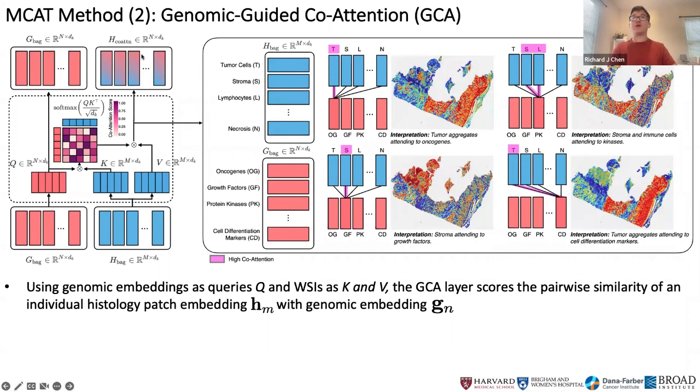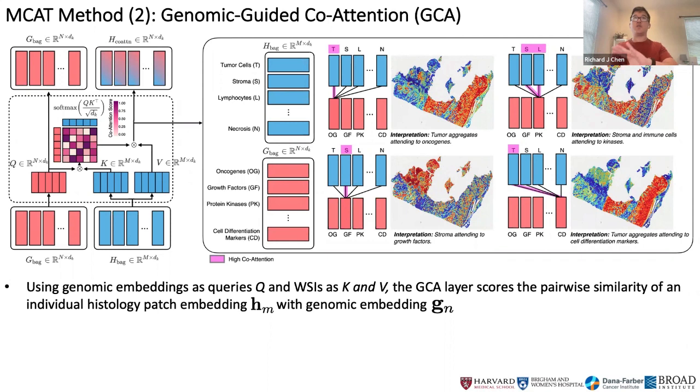So the output of our co-attention is like this, whereas attention MIL based pooling just learns one aggregation of all the patch features in the whole slide bag.